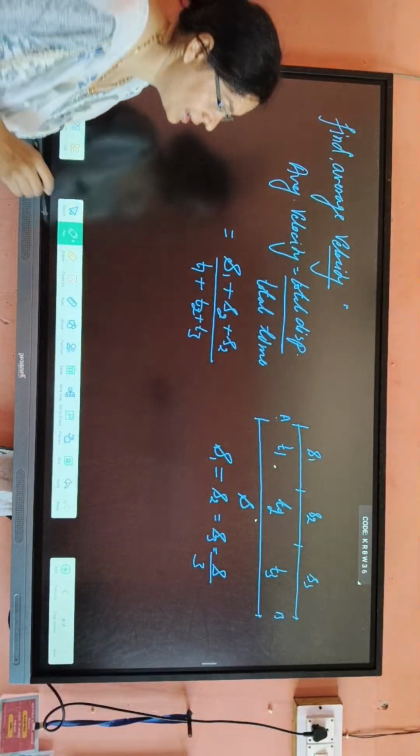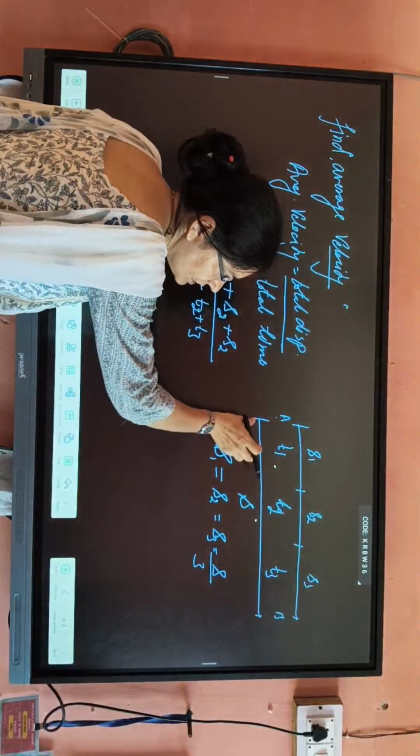Clear? So here 1/3 is traveled within T1 time.